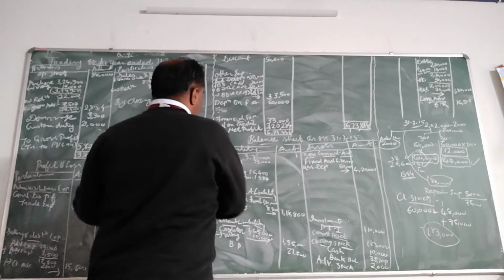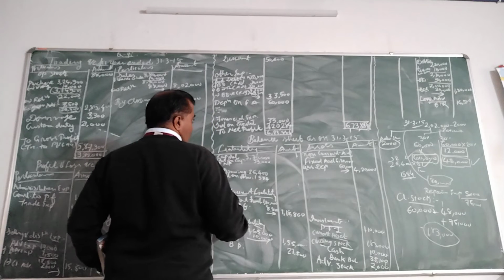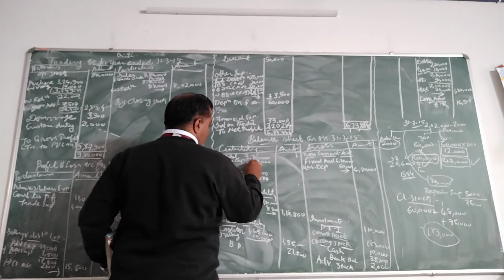So add here the net profit in the capital, 3,20,284.